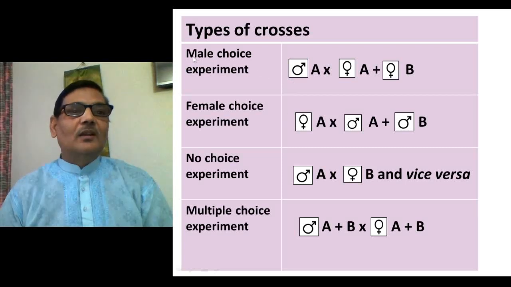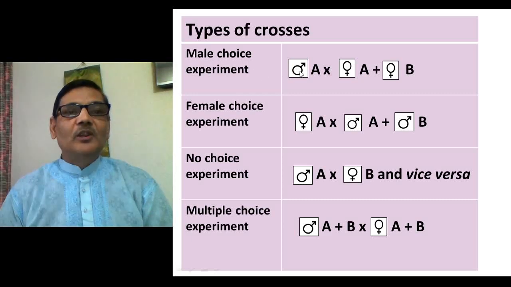There is one experimental plan which we call the male choice experiment. Male choice experiment means it is the choice of the male to mate with different kinds of females. That is why it is called the male choice experiment.